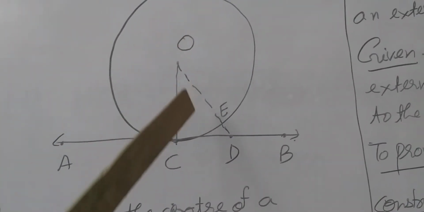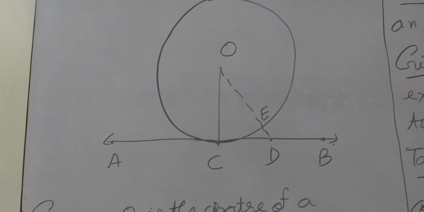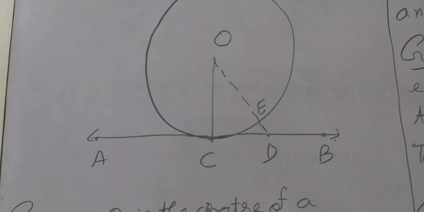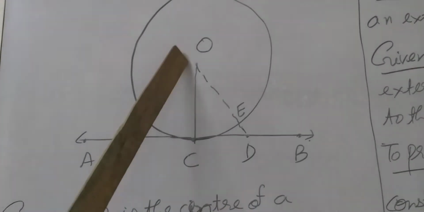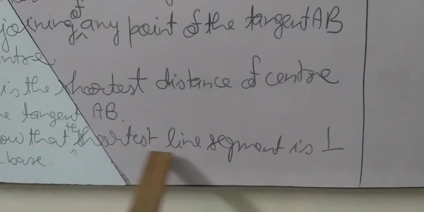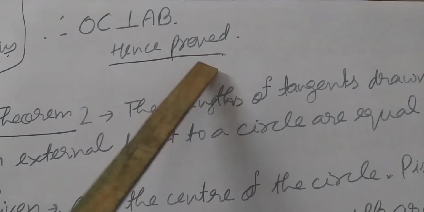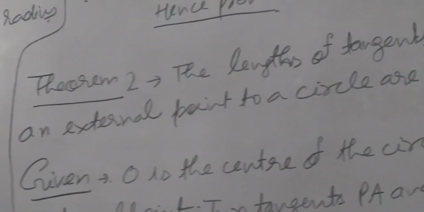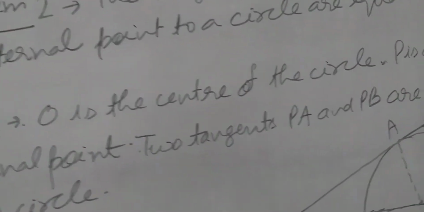So OC is the shortest line segment, and we know that the shortest line segment is perpendicular to the base. Therefore, OC is perpendicular to AB. Hence, proved.